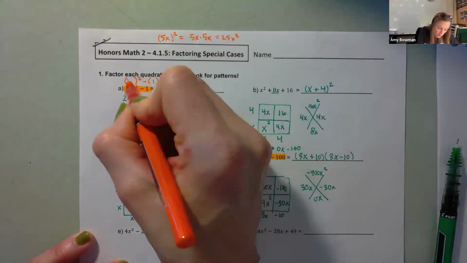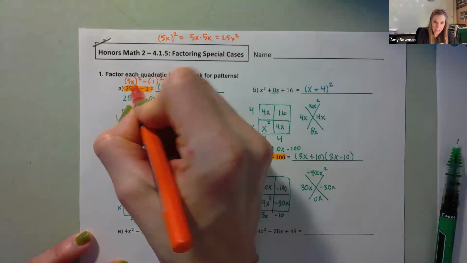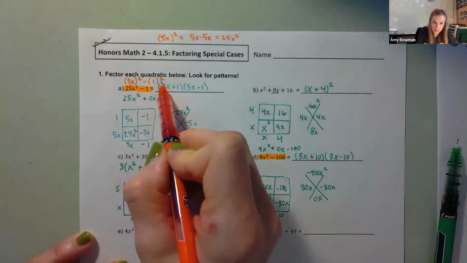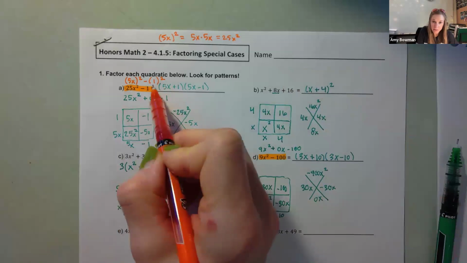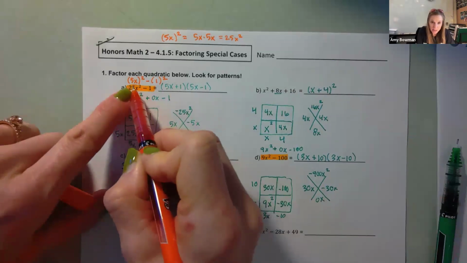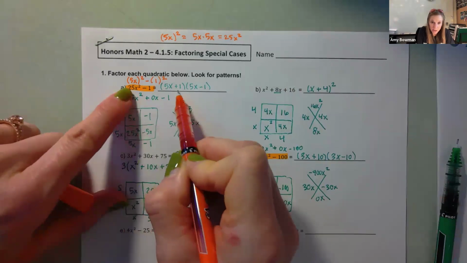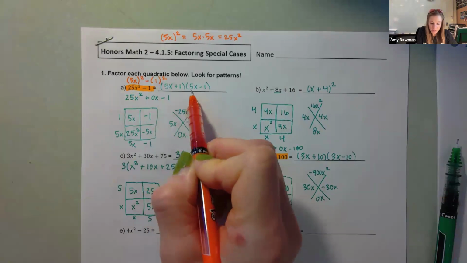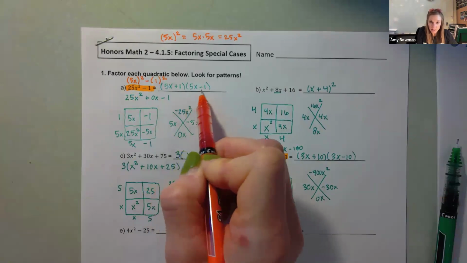So if you can rewrite a quadratic as something squared minus something else squared, that is called a difference of squares, and it will always factor to whatever is being squared here plus whatever is being squared here times the opposite of that, 5x minus 1.